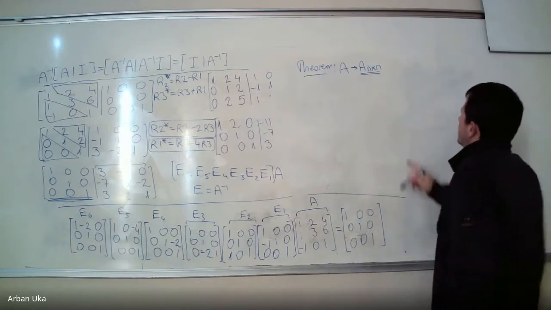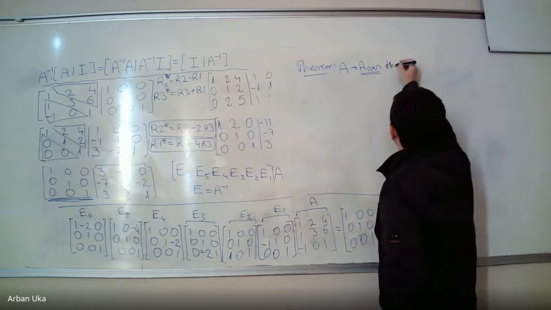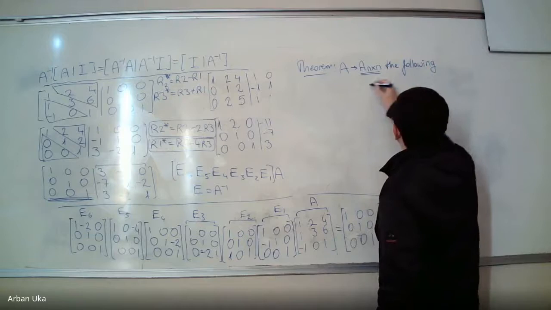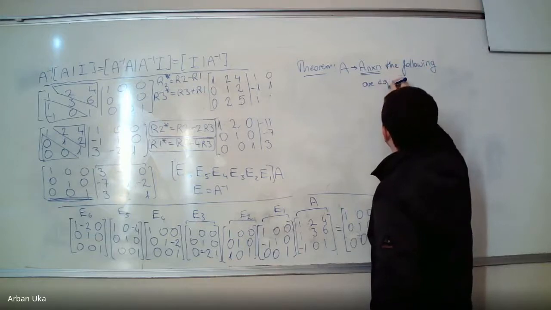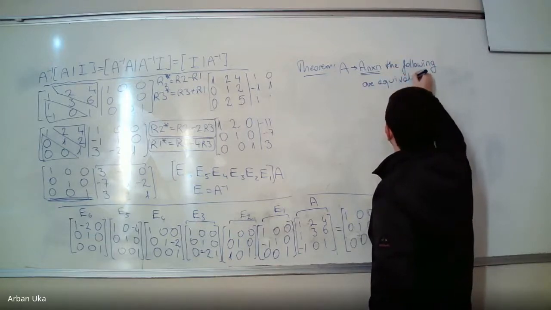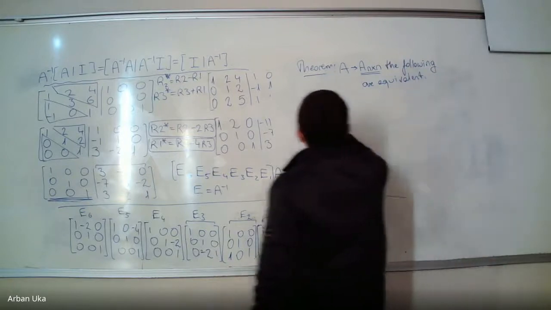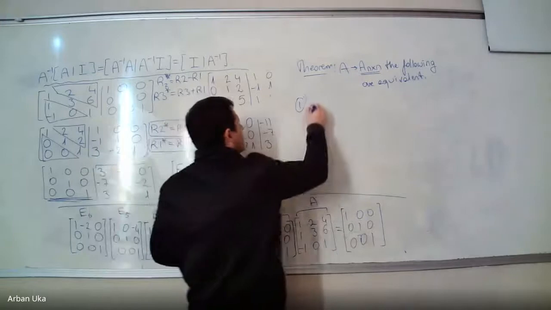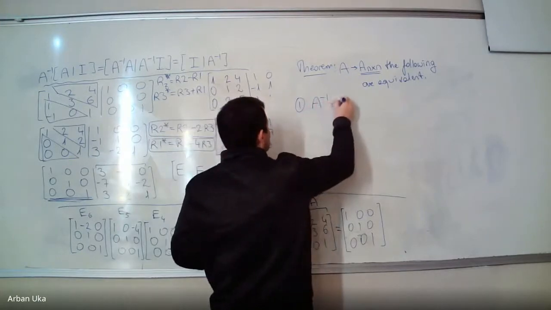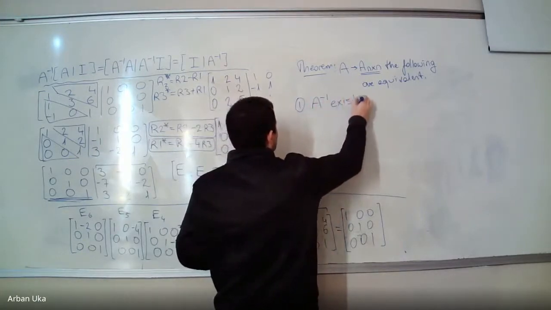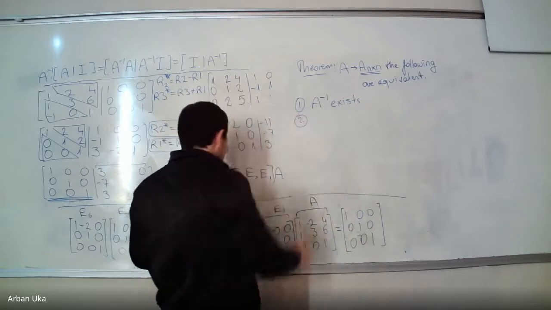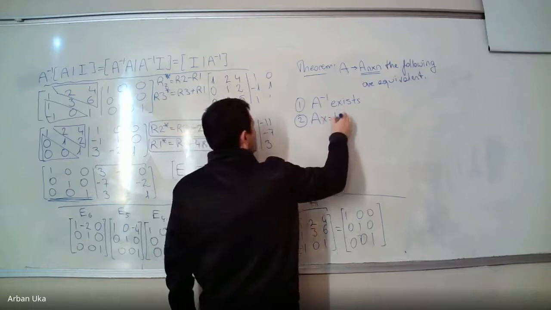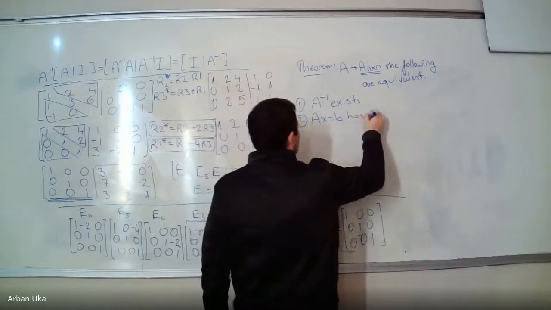Then for any square matrix, the following are equivalent. Which ones are equivalent? The first statement is that A inverse exists. The second statement is that AX equal to B has a unique solution.